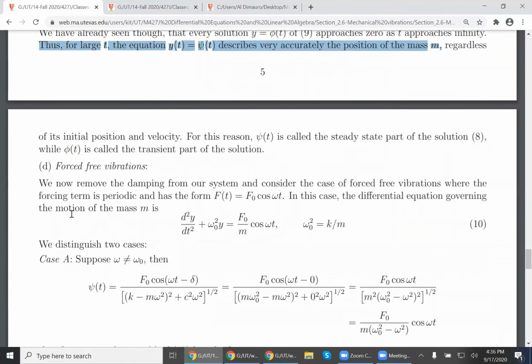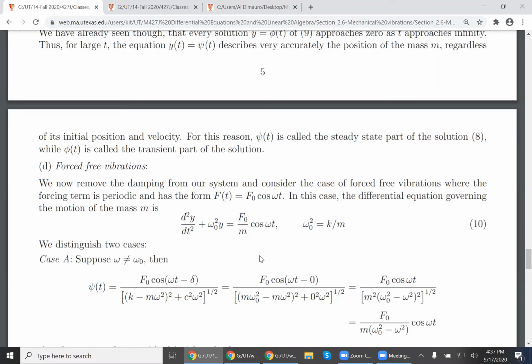Very last case. Let us consider the following. We now remove the damping from our system and assume that f of t is equal to f0 cosine of omega t. There are two cases.